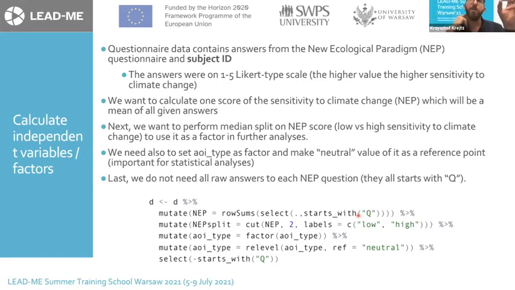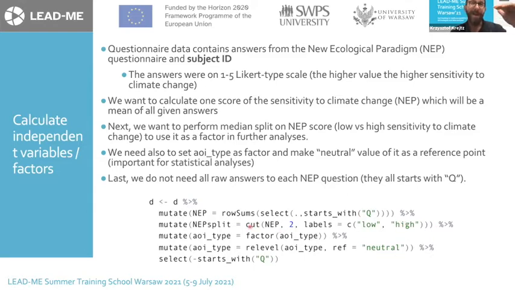Very often we use what we call the median split. So we look for the middle value in the data, and everyone who is below this value, that's the median, is going to be labeled as someone with low sensitivity, and everyone who is above this value is going to be labeled as a person with high sensitivity.